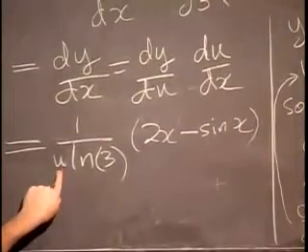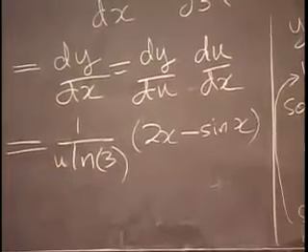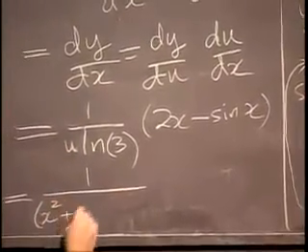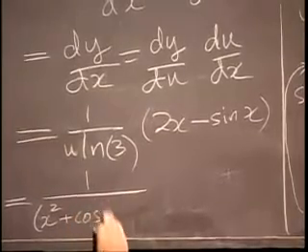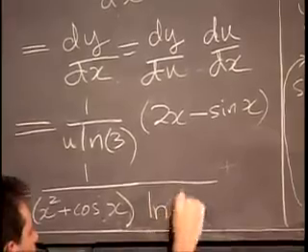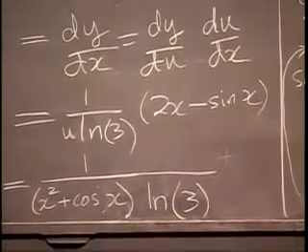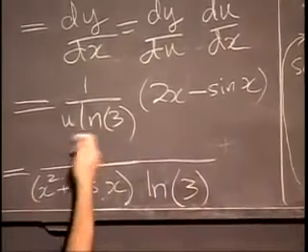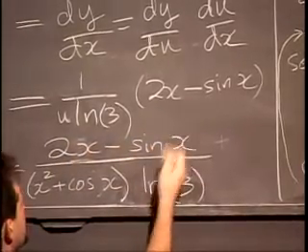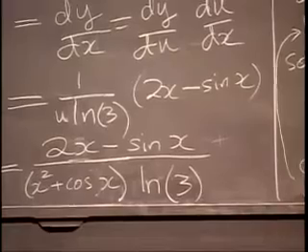I'm in u here, but u is this expression x squared plus cosine x. So there's that, and I might as well consolidate and put the numerator here, 2x minus sine x. Okay, so that's the derivative.